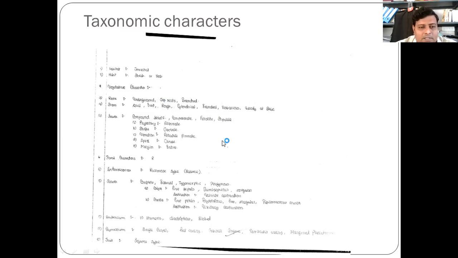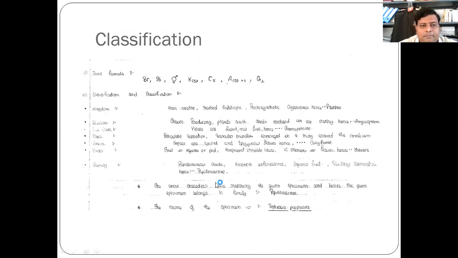Floral characters are given: inflorescence racemose type, flowers bisexual, zygomorphic, calyx, corolla, stamens already we discussed, 10, fruit is legume type.